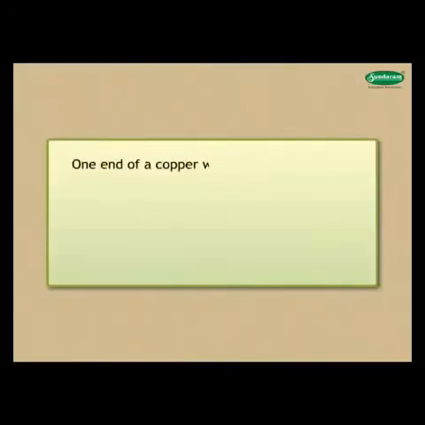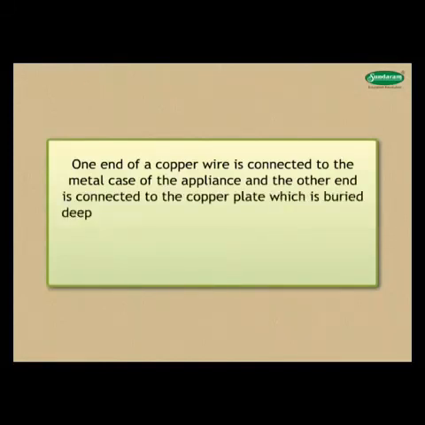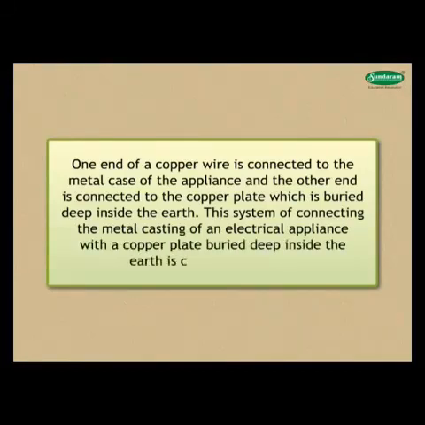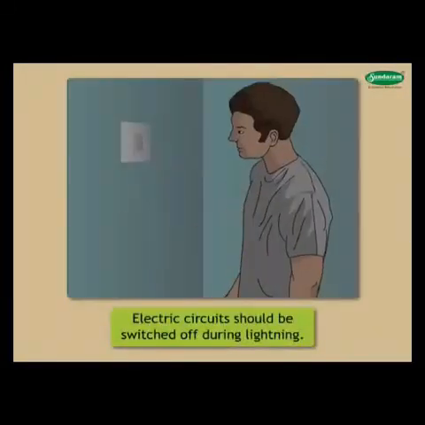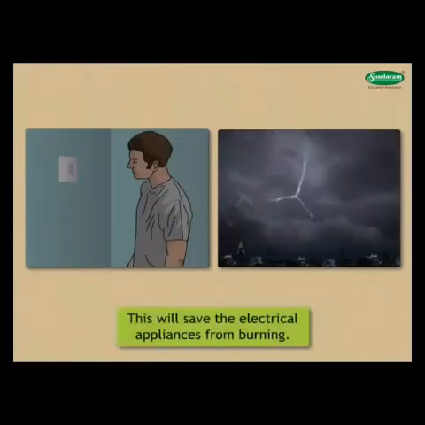One end of a copper wire is connected to the metal case of the appliance and the other end is connected to a copper plate which is buried deep inside the earth. This system of connecting the metal casing of an electrical appliance with a copper plate buried deep inside the earth is called earthing. Electric circuits should be switched off during lightning. This will save the electrical appliances from burning.